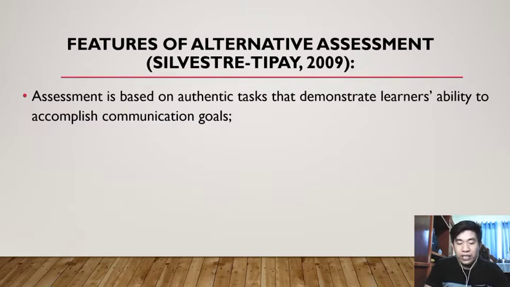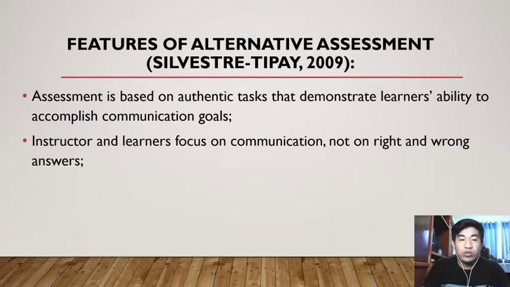So if in that particular assessment the students demonstrate something, then that particular assessment can be considered as an alternative type of assessment. Second, instructor and learners focus on communication, not on right and wrong answers.